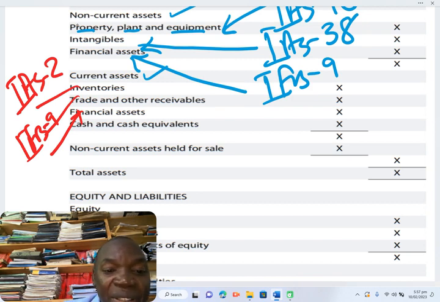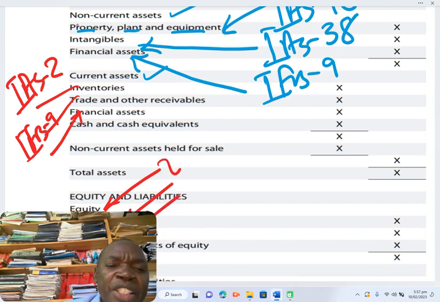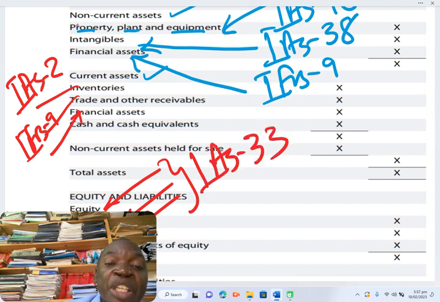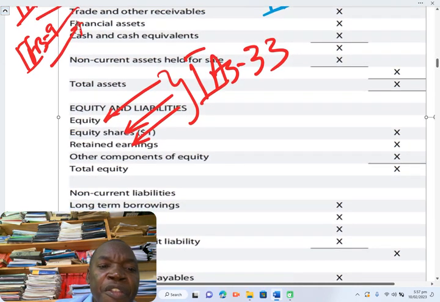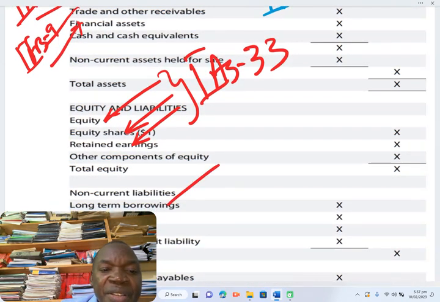Now equity, we have this equity, retained earnings. In this section, you can see somewhere earnings per share. That's why you can take some of the cases there. So this component is IAS 33. Now we have borrowings.